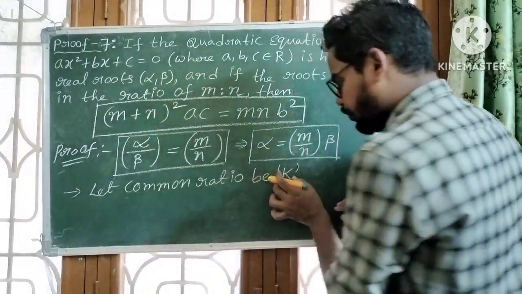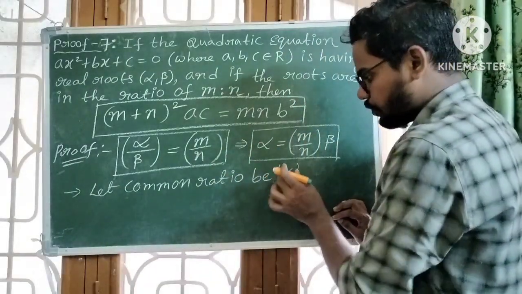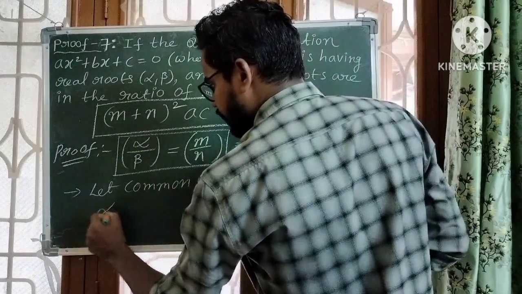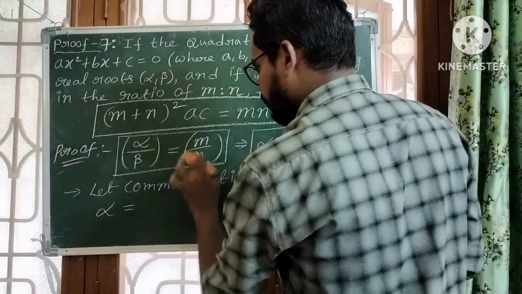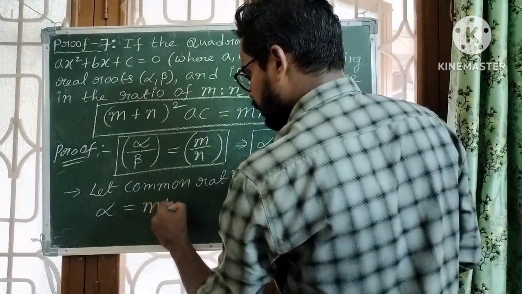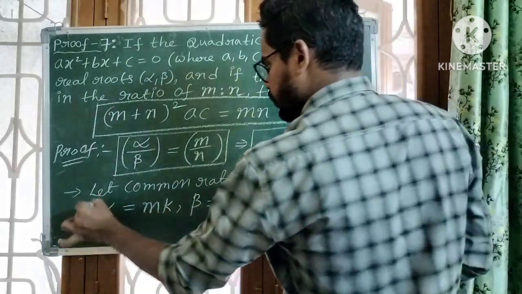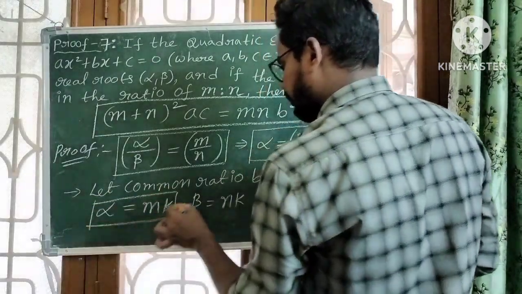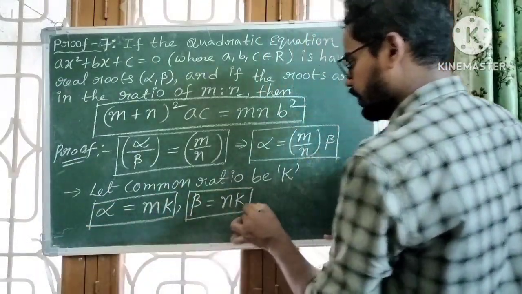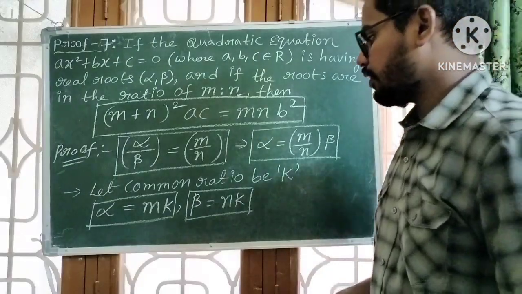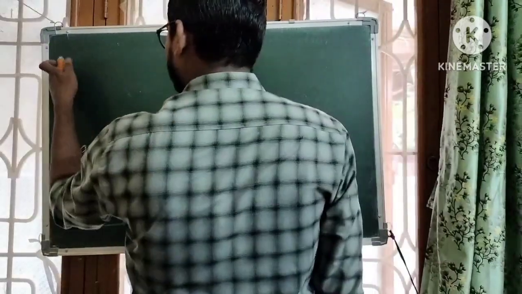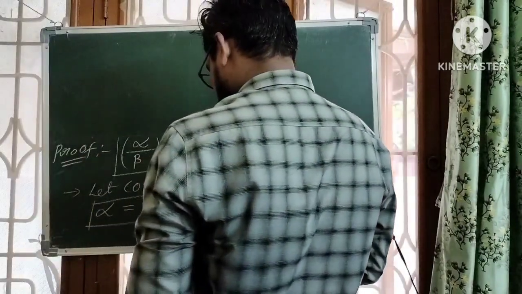So if the common ratio is k, then what is the value of alpha? Alpha is equal to mk and beta is equal to nk. So if the common ratio is k, then the alpha value is mk and the beta value is nk.